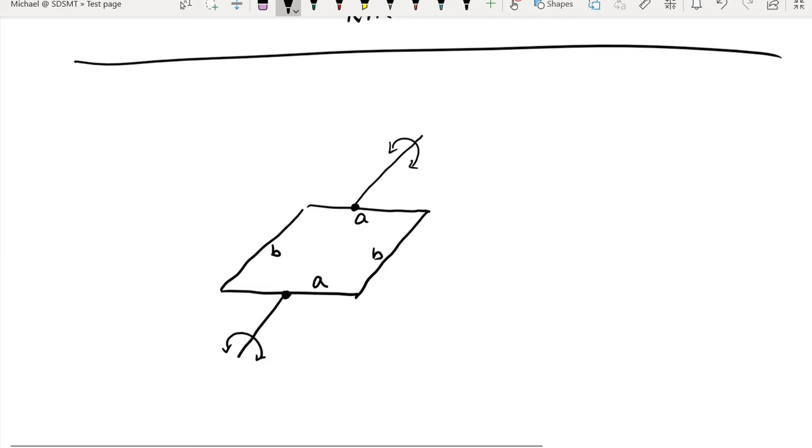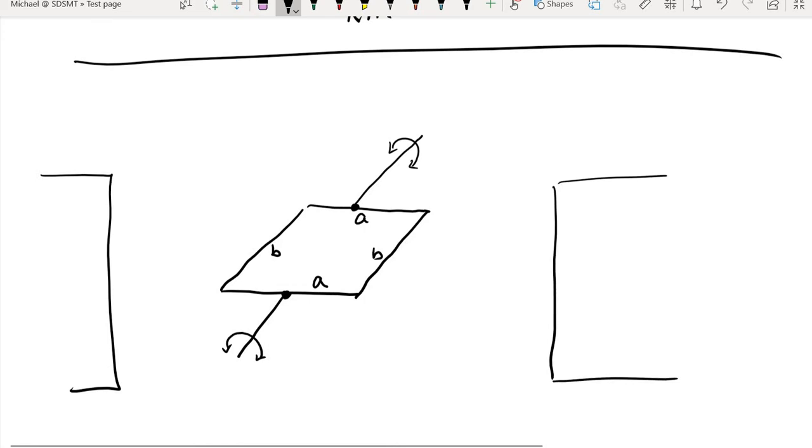And to accomplish that, we're going to set up two very large magnets on either side. And the magnet that is on the left-hand side of our diagram will have its north pole sitting next to the coil, and the magnet on the far right side will have its south pole next to the coil.